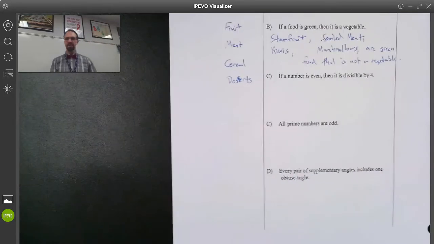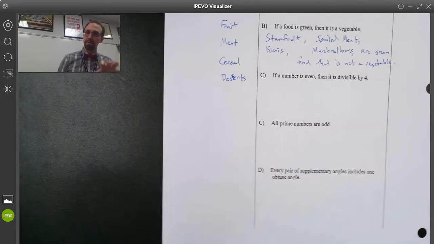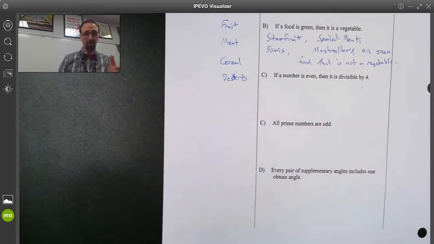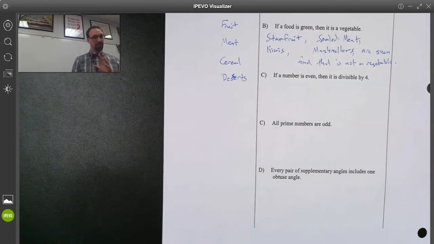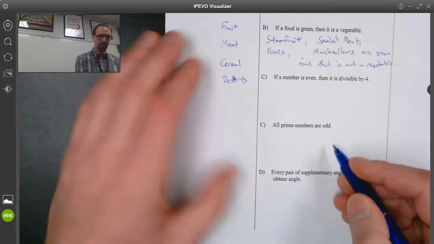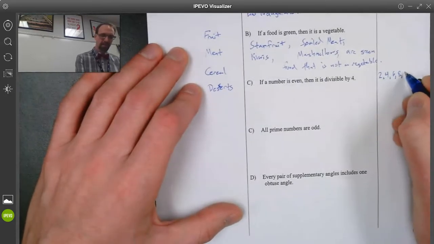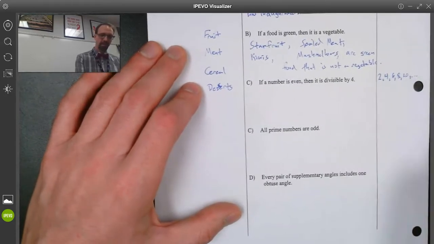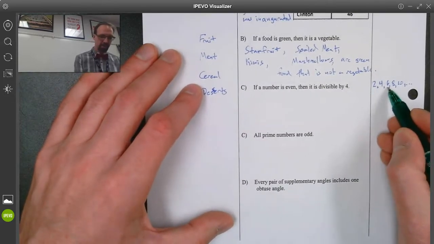C. If a number is even, then it is divisible by 4. So if I think about numbers, even numbers are all divisible by 2, but not necessarily by 4. So if I think about just one counterexample, that's all I need to find, just one counterexample, I need to find a number that's even, but not divisible by 4. If I list out the even numbers, 2, 4, 6, 8, 10, and so on, well, here I've got 2 and 6 and 10.